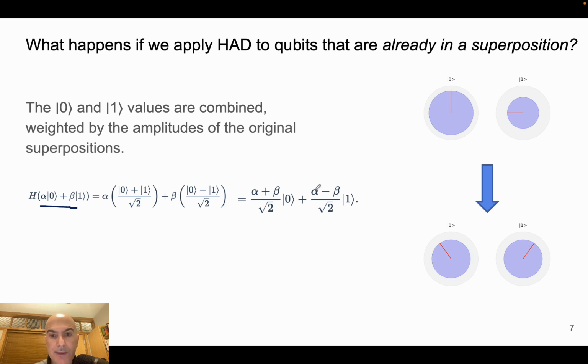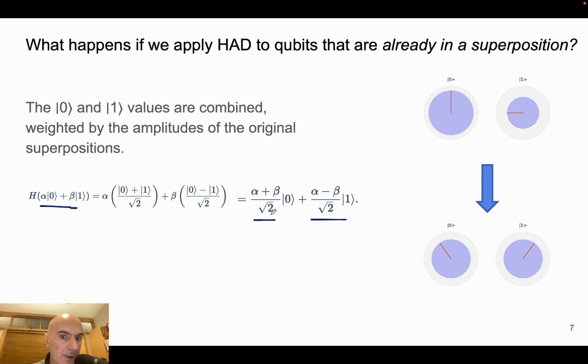The final result is still a superposition of the two states, but a weighted superposition. So we multiply the state 0 by alpha plus beta divided by square root of 2.